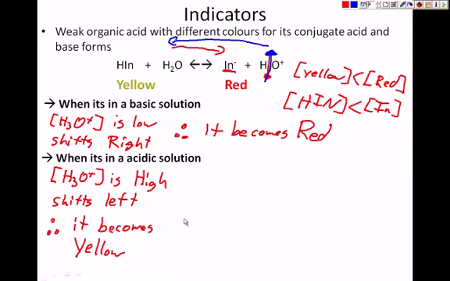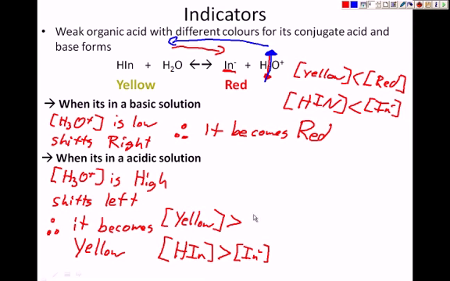In other words, the concentration of HIN is greater than the concentration of IN minus. Since HIN is yellow, the concentration of yellow is greater than the concentration of red. And that's why it becomes yellow.